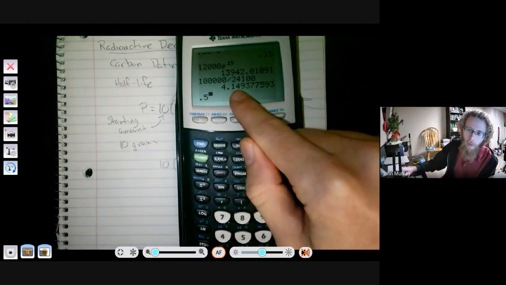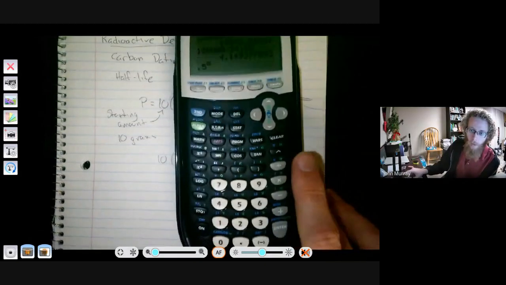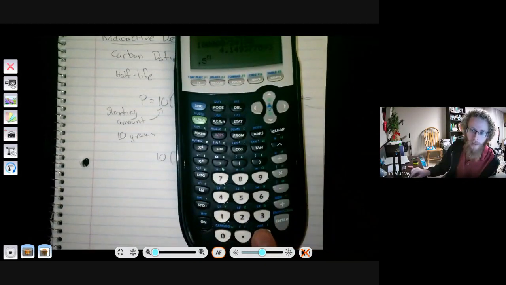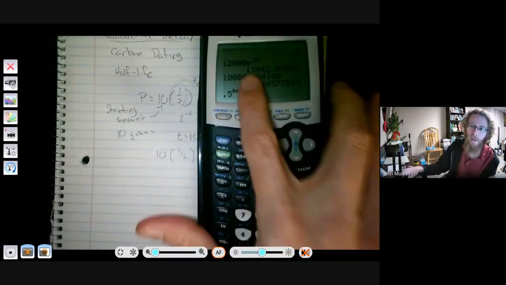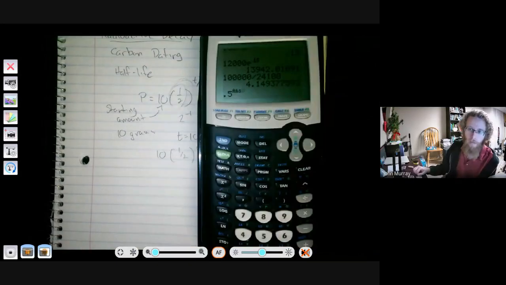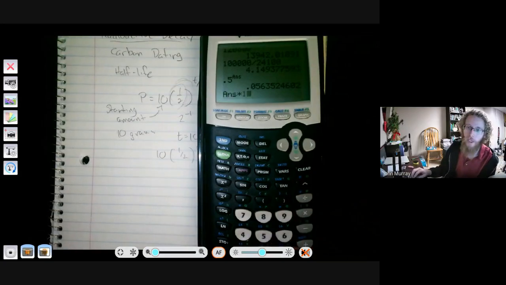I want to be as accurate as possible, so I just want to plug this answer in. On some of your calculators, you're going to see ANS, right? So I'm going to hit second and ANS. That ANS takes your previous answer in its entirety and plugs it in. All right, so I do that. We get 0.05, right? So that's the factor that it's changing by, so I'm going to multiply that by 10.